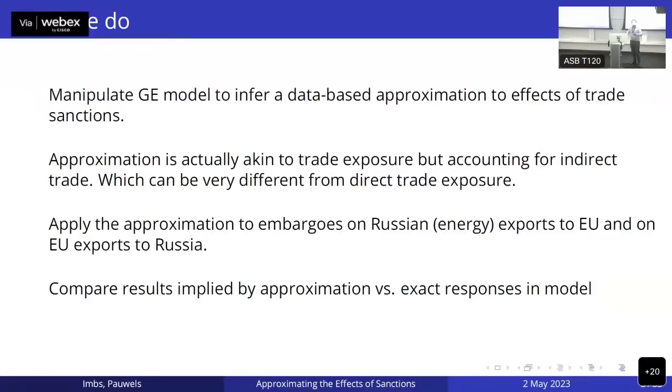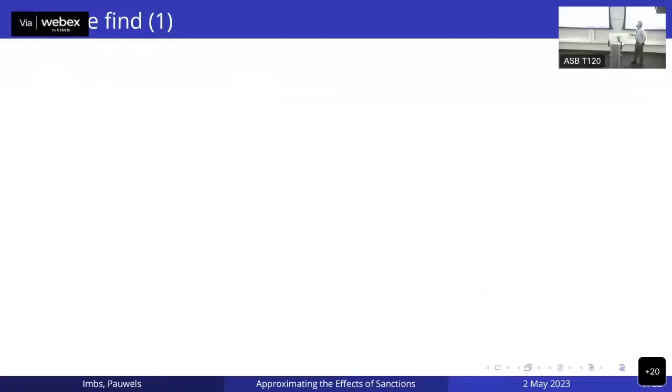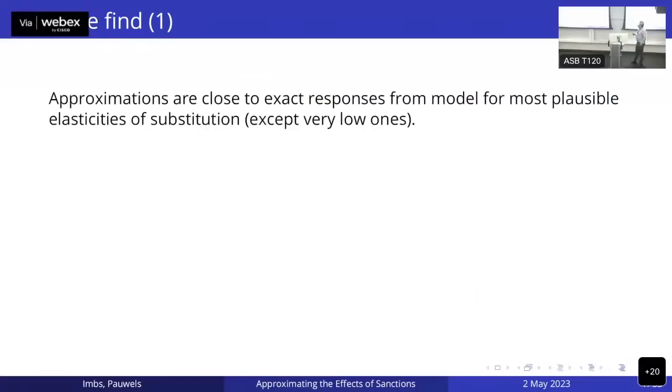And then we'll give also some sort of a practical use of this approximation with some figures that it implies in terms of trade sanctions between Russia and the European Union. So what do we find? Okay, so we find that overall the approximation is pretty close to the exact response for most plausible elasticities of substitution.